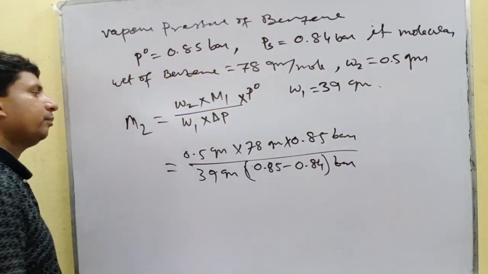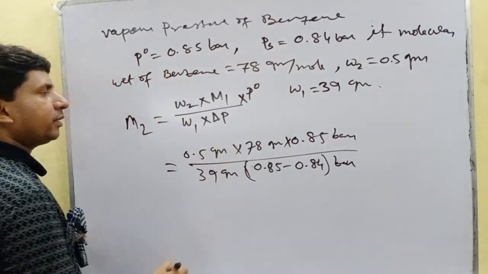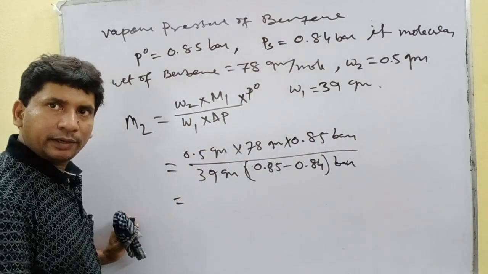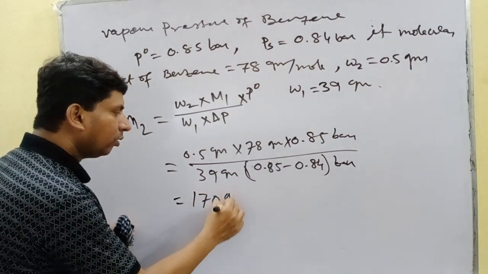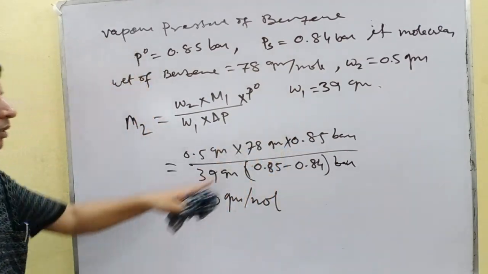Bar cancels out, gram cancels out, it remains only gram. We can calculate it and we will get 170 gram per mole.